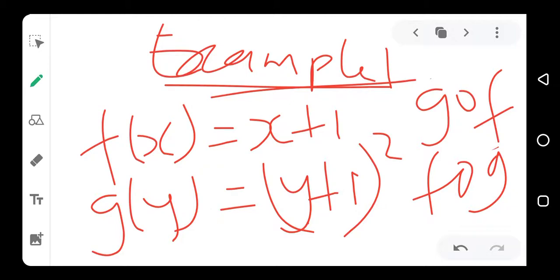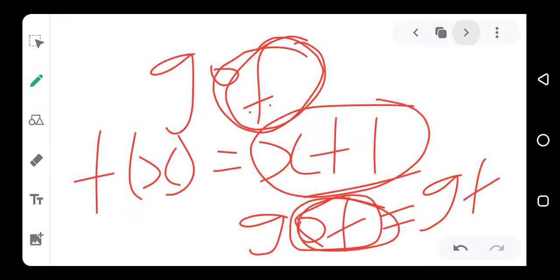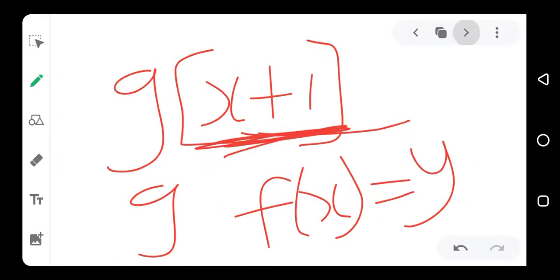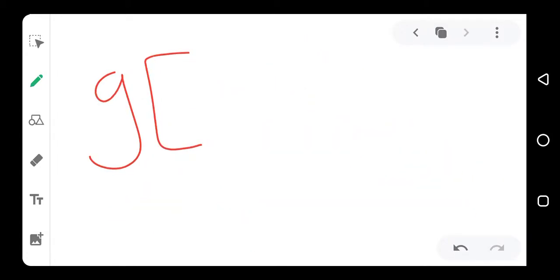So it means that y is equal to this. So we now say x plus 1, this is y, then plus 1.